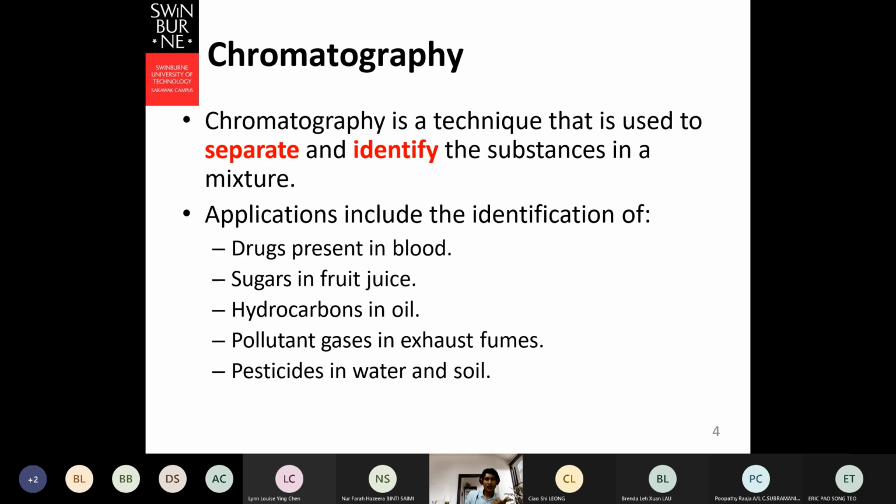Because in gravimetry, we have to make sure that it precipitates, right? But if there is a mixture of a lot of things and you want one certain thing to precipitate, we need a very superhuman technique, because other things will also be precipitated.